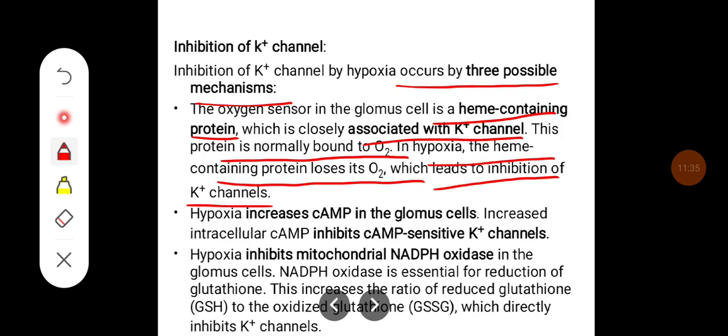Hypoxia increases cyclic AMP levels in the glomus cells. Increased intracellular cyclic AMP inhibits cyclic AMP sensitive potassium channels. Hypoxia inhibits mitochondrial NADPH oxidase in the glomus cells. NADPH oxidase is essential for reduction of glutathione. This increases the ratio of reduced glutathione to oxidized glutathione, which directly inhibits potassium channels.